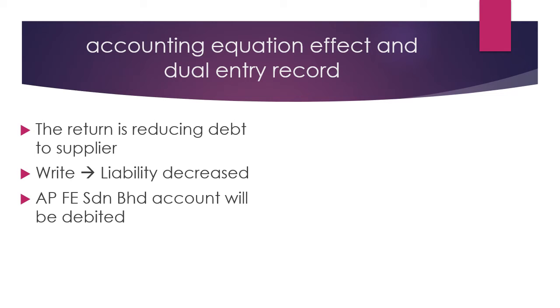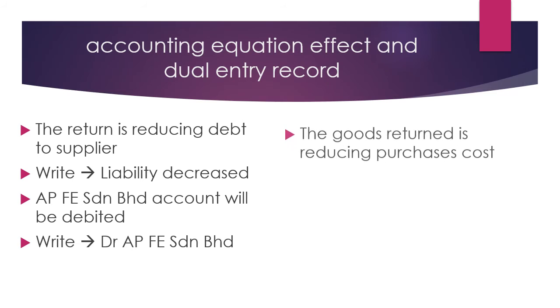You can check back with the other clear formula. Whenever asset, drawing, expenses increase, and asset, drawing, expenses decrease, and capital, liability, revenue increase, and capital, liability, revenue decrease, then you will show it on the debit side. So you will write DR AP FE Sdn Bhd. You debit the FE Sdn Bhd account.